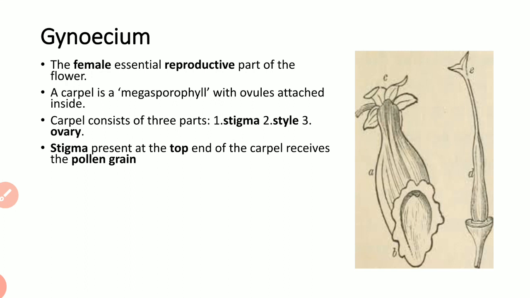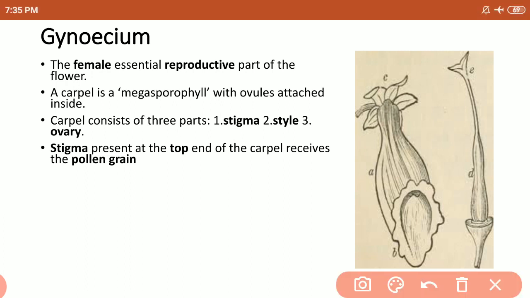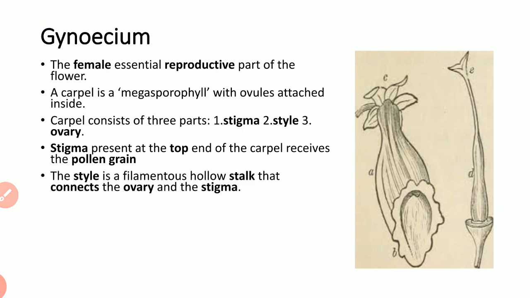The pollen tube is formed and goes toward the ovary, and there is a fusion of the male and female gametes, called fertilization.